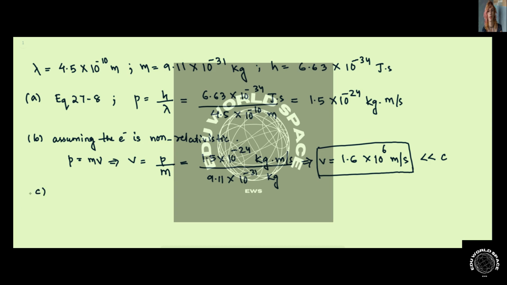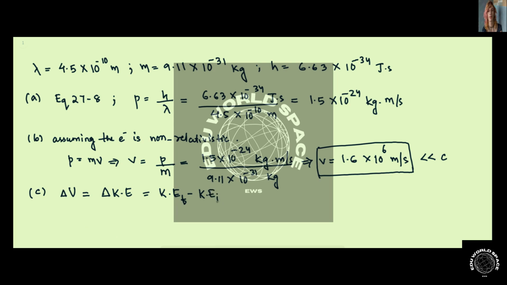Now in the third and last part, we have to find the potential difference the electron must be accelerated through in order to have this wavelength. Now we know that the potential difference, let's call it delta V, is equal to the change in kinetic energy, or delta K. So this is equal to kinetic energy final minus kinetic energy initial.